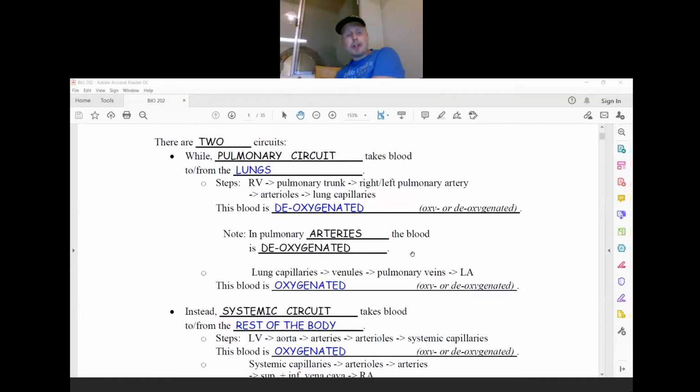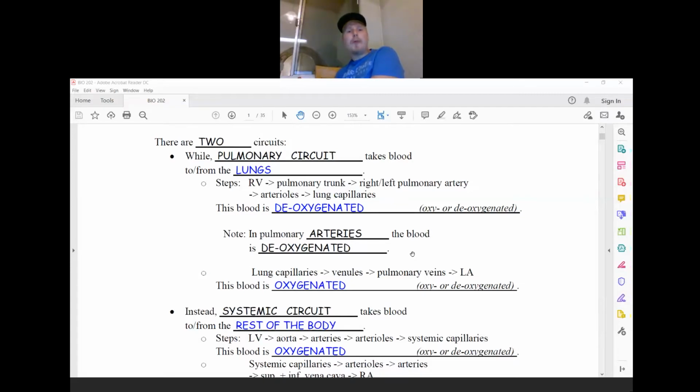And the function of this is to take deoxygenated blood, so blood that's low in oxygen or almost short of oxygen, and take it then to the lungs, get it oxygenated there, and then bring it back to the heart.